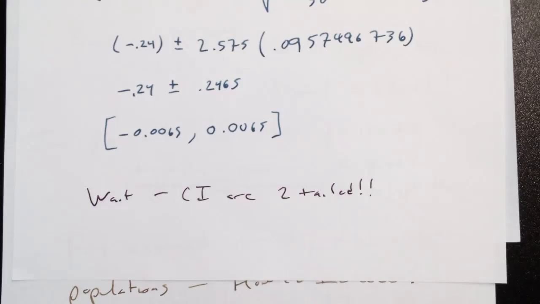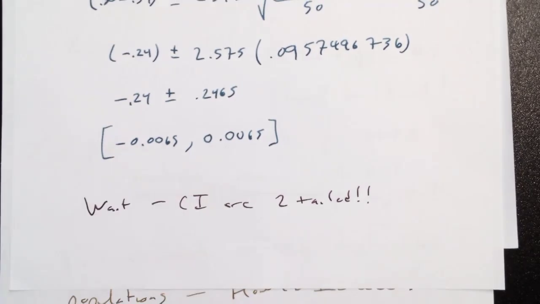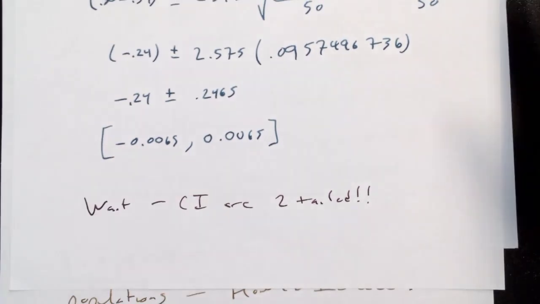And that's why this gets accept the null, and my Z test, which was a one-tailed test, gave me reject the null. So it's important to remember this subtle but necessary difference. When I am doing a confidence interval, I'm really looking at a two-tail idea.